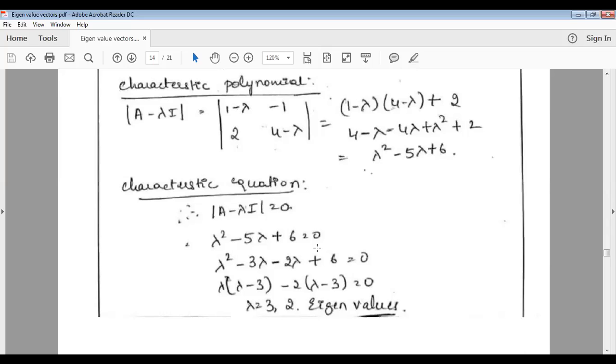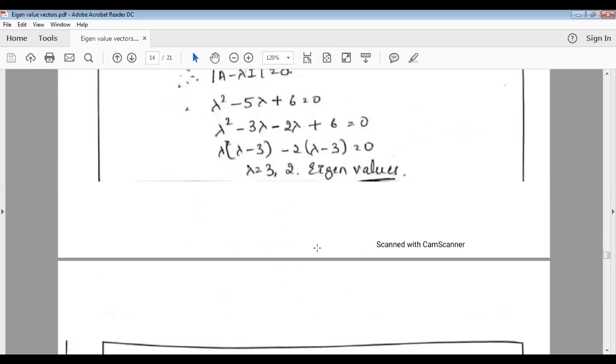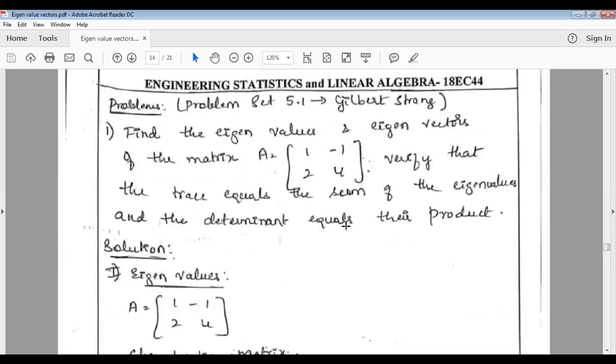Now we'll concentrate on the second part. So what is the trace of a matrix? Let me go back to the slide for a second, and then I'll tell you what the trace is.